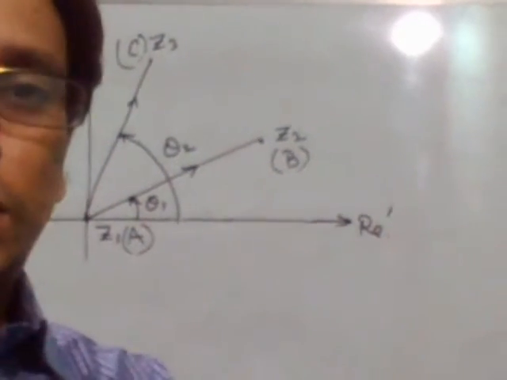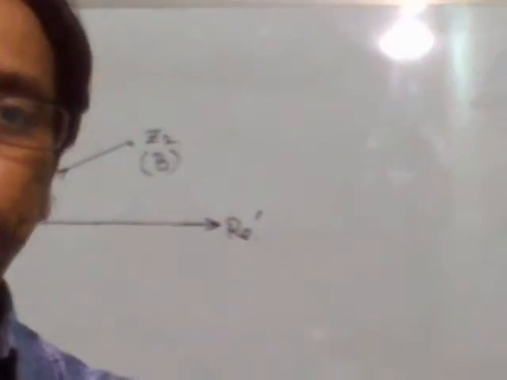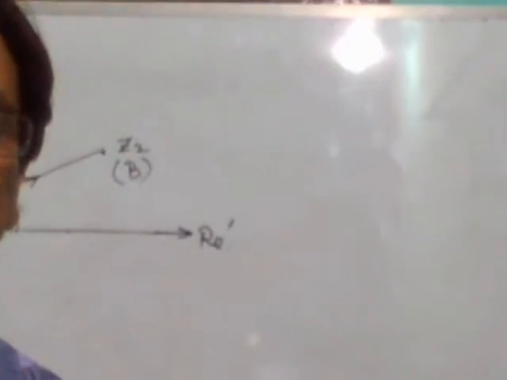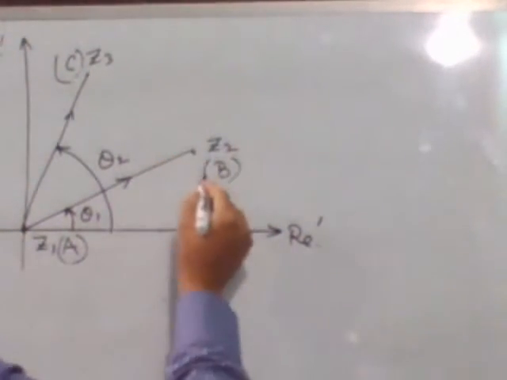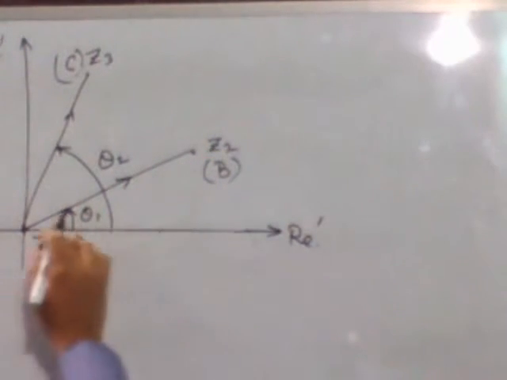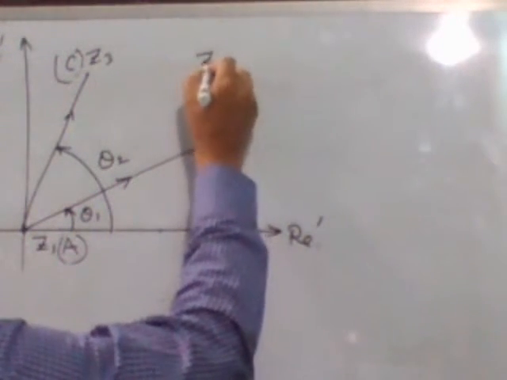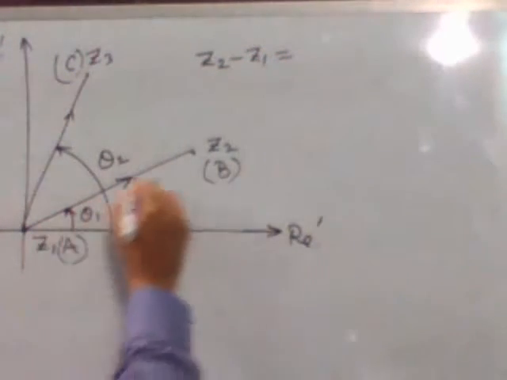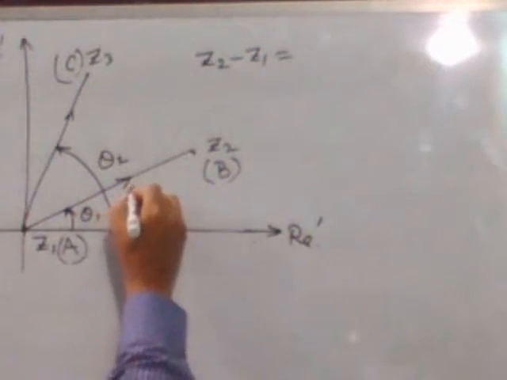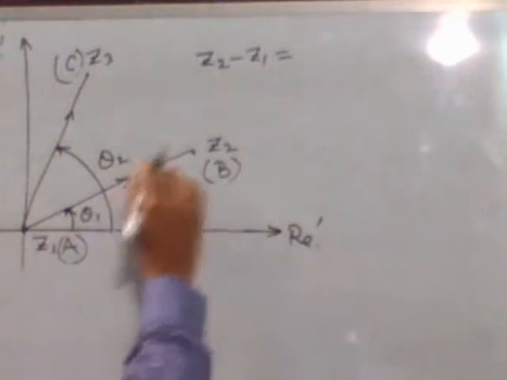Watch this little bit here. So we can write that Z2 minus Z1 is equal to, suppose the length of this vector is R1, that is the length.